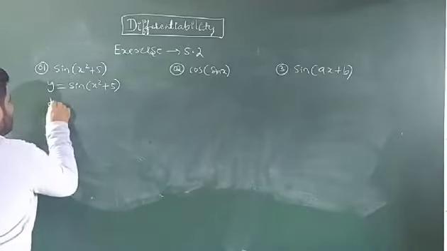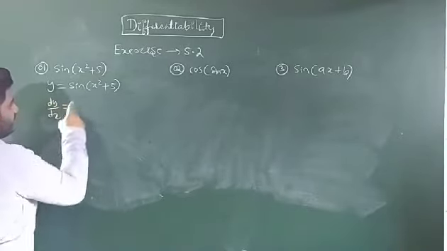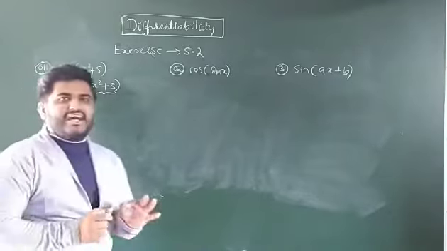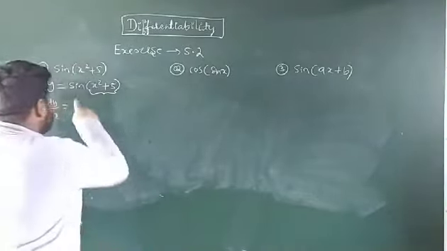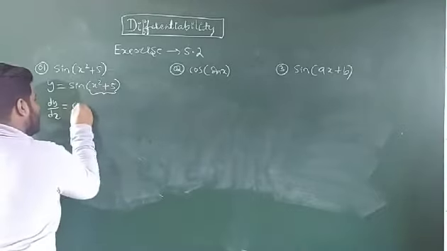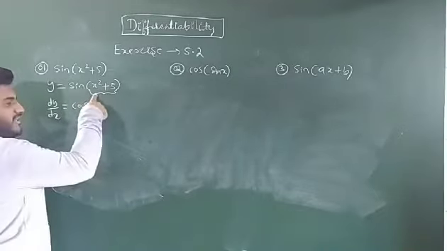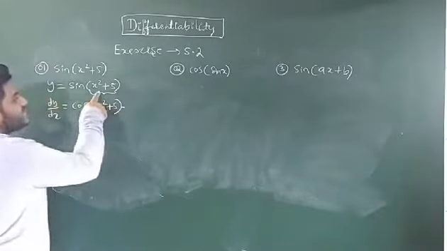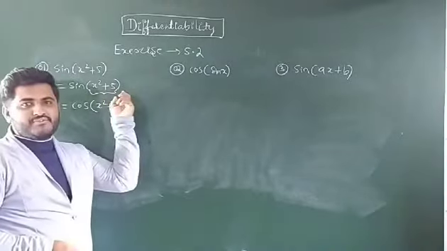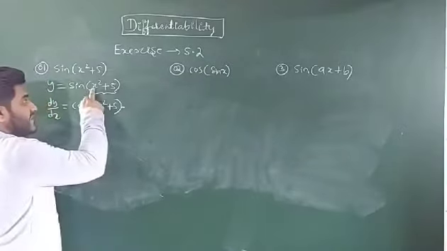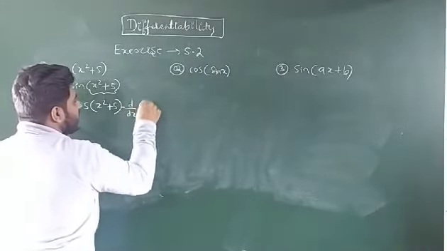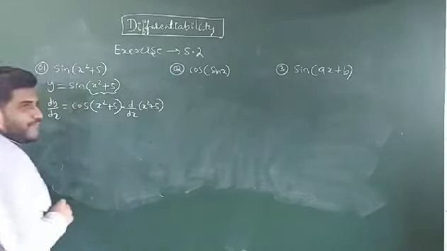Nothing but dy by dx equal to. Whatever the function inside the bracket, let us treat that as x, right? The differentiation of sine x is cos x, but here we treated x as x square plus 5. If it is just x, the differentiation stops here. But it is not x, it is x square plus 5. So again we have to find d by dx of x square plus 5.